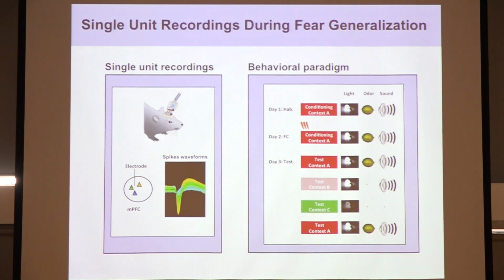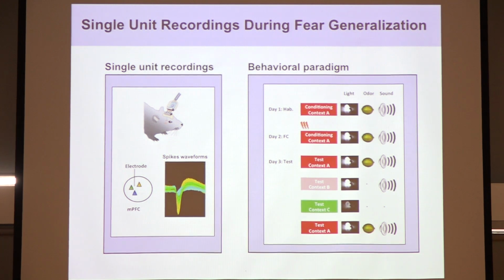So to study contextual fear conditioning, and particularly contextual fear generalization, what people usually do is condition the animal in a given context. In contextual fear conditioning, you just associate the context with a foot shock without sound presentation. So people condition the animal in one context, they extract the animal and put it in a different context for testing.